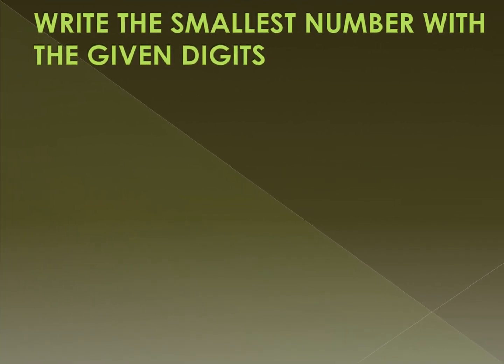Now let's try to solve some examples of how we can write the smallest number with the given digits. So let's say we have the digits 3, 5, 2, 6. To write the smallest number with these digits, we arrange these numbers in ascending order from smallest to the greatest.